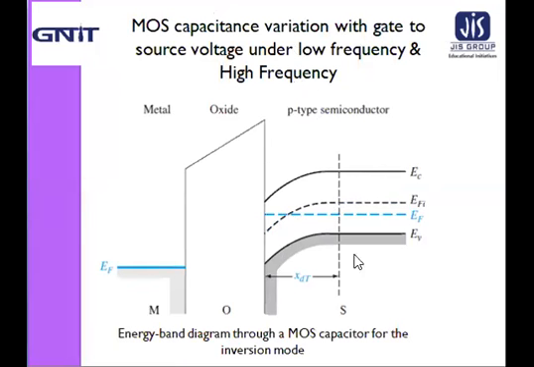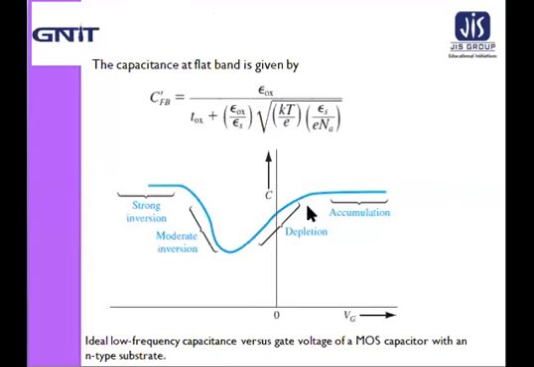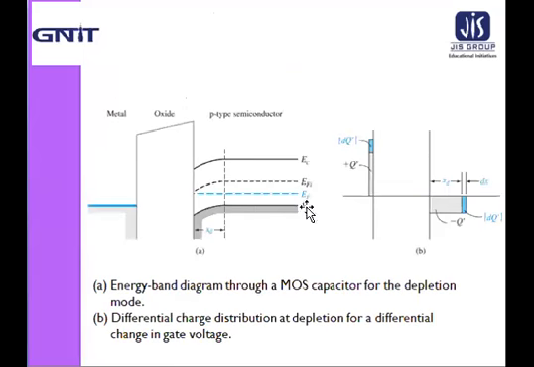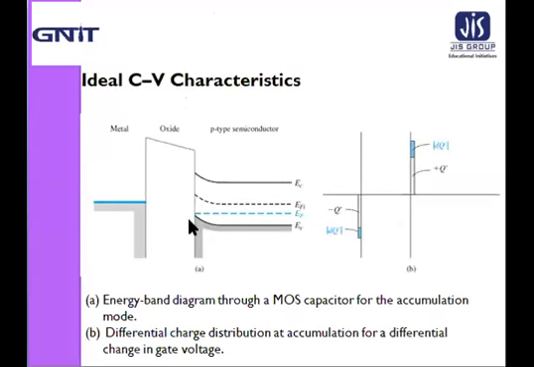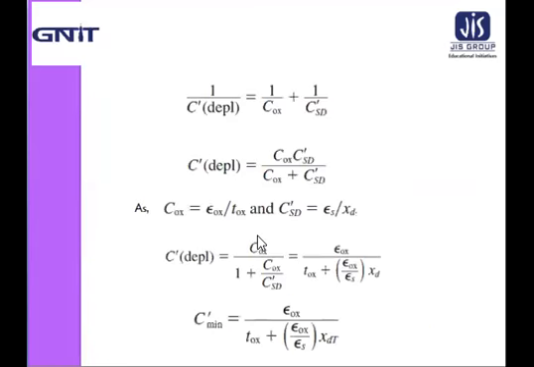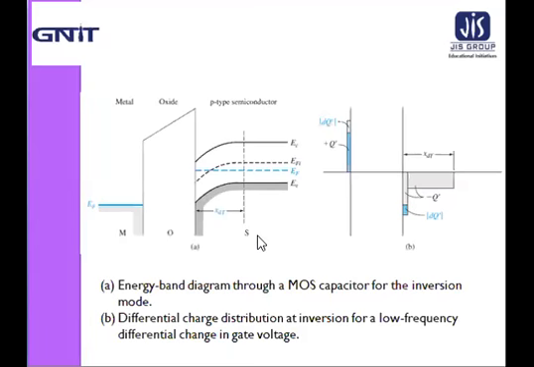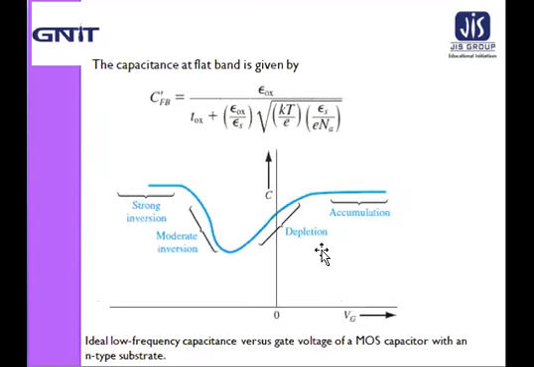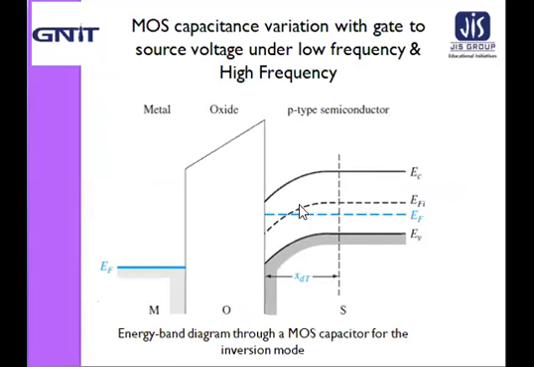I have already discussed this in a previous slide. This figure shows the MOS capacitor with a P type of substrate, which is biased in the inversion condition.